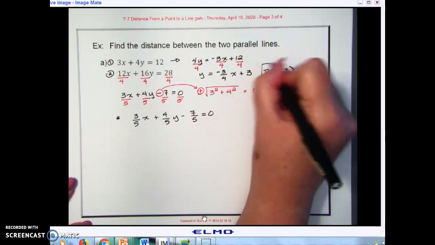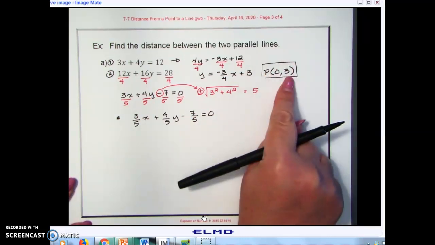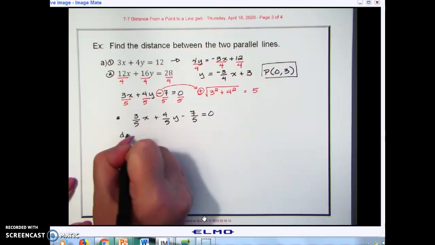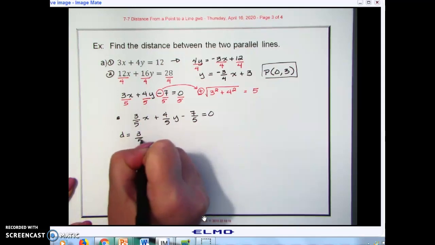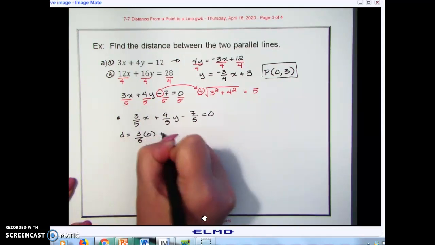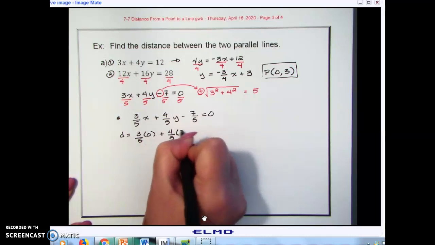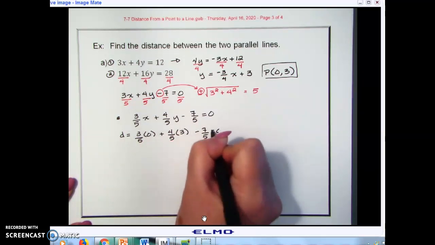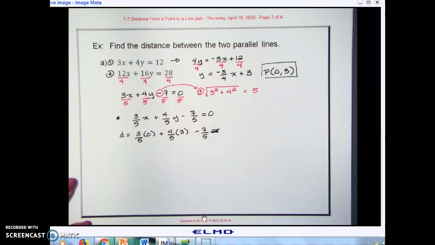Then we're going to find the distance between this point that we found on the first line and this normal form of the second line. So we're going to let x be 0 and let y be 3. Oops, it's not equal to 0 anymore. We're looking for that value.